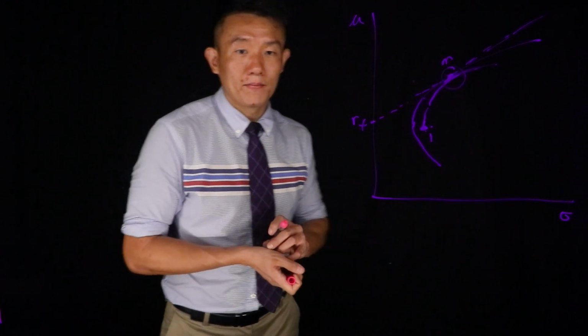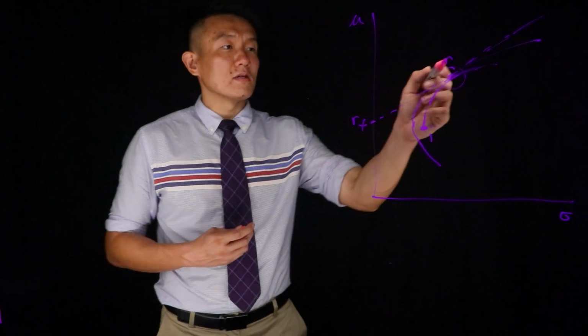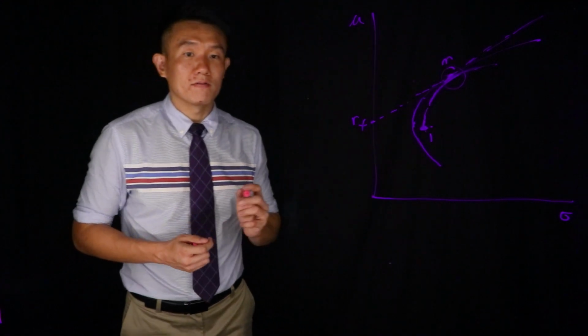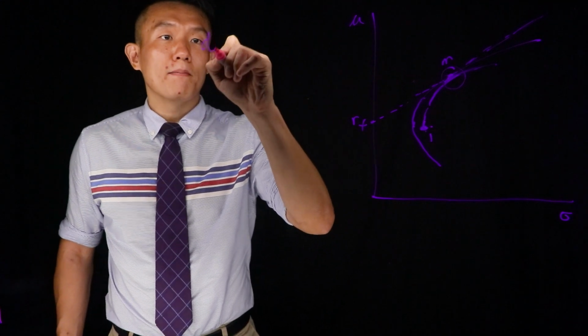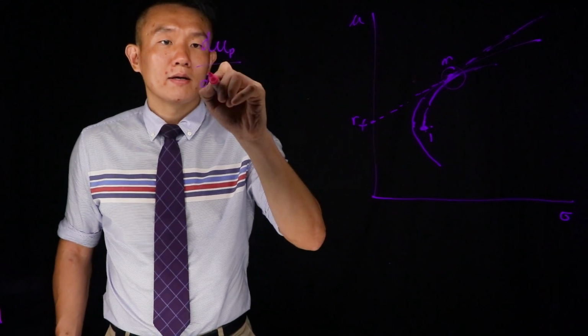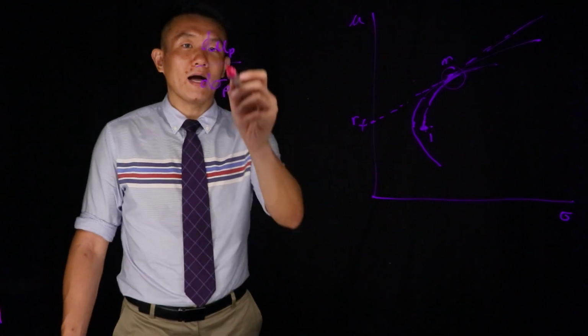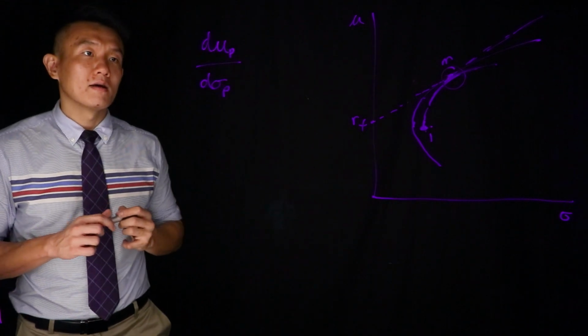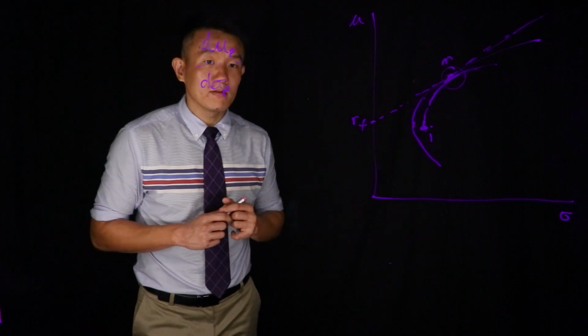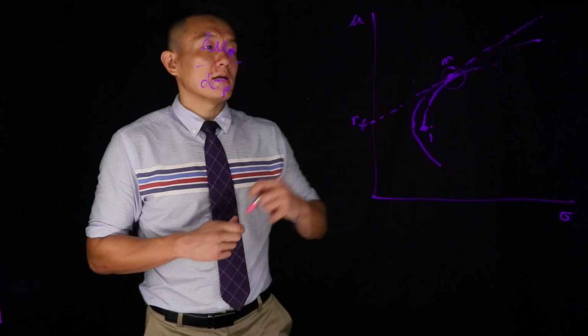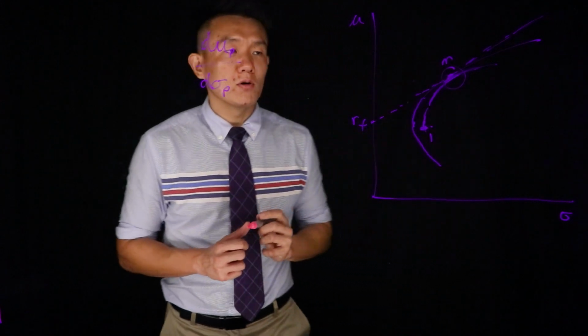So what does that mean? Well, what's the slope of the portfolio curve? It's going to be d mu p d sigma p. Right? It's going to be how much the mean return changes over how much the volatility changes. Now, what are we doing with the portfolio curve?